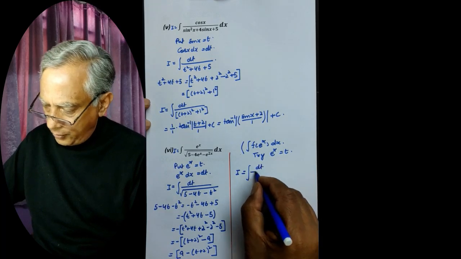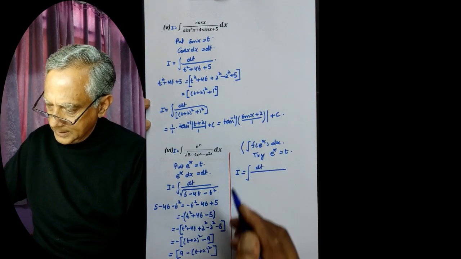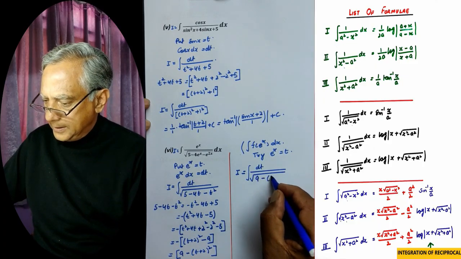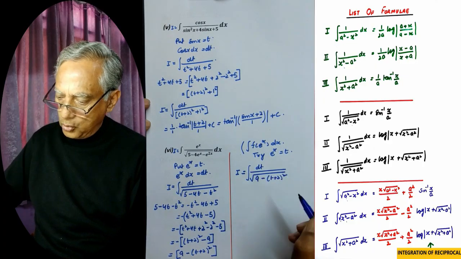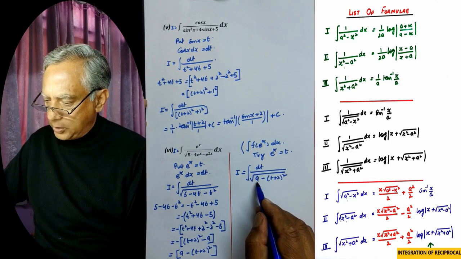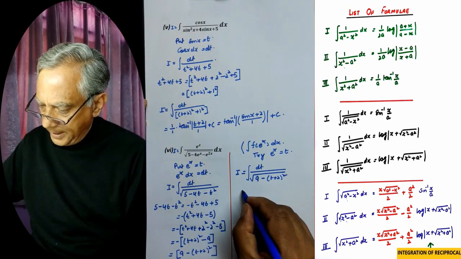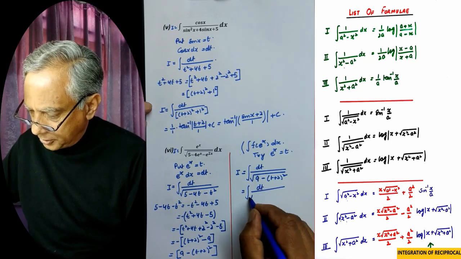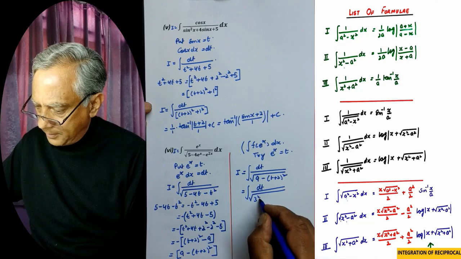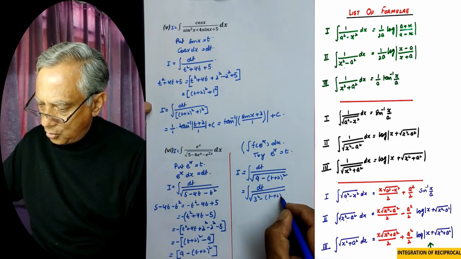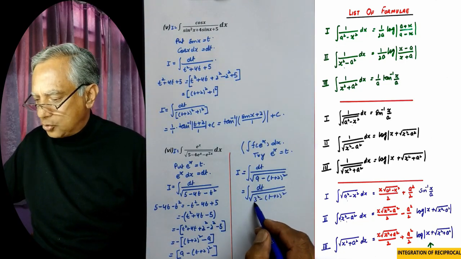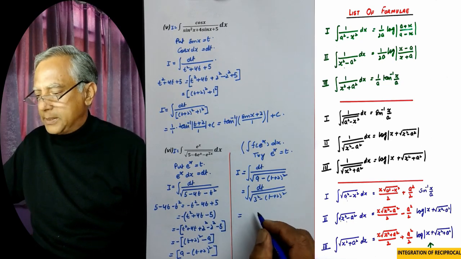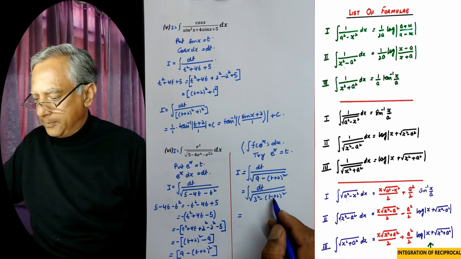dt over under the root 9 minus (t plus 2) whole square. Then this is a square minus x square. This can be written as dt over under the root 3 square minus (t plus 2) whole square. So dt over under root a square minus x square. The formula used will be sine inverse x by a.